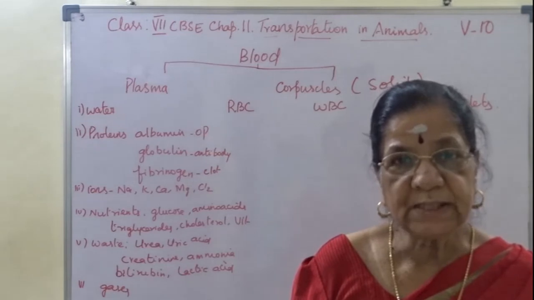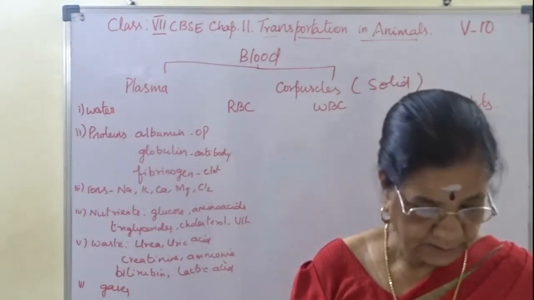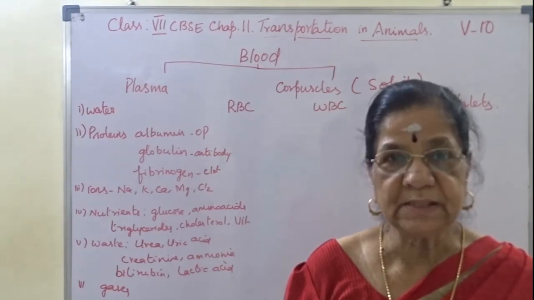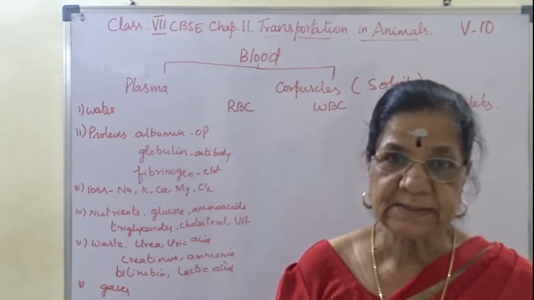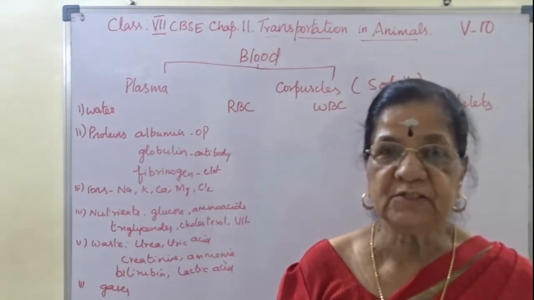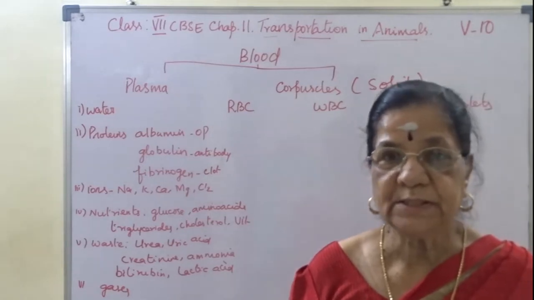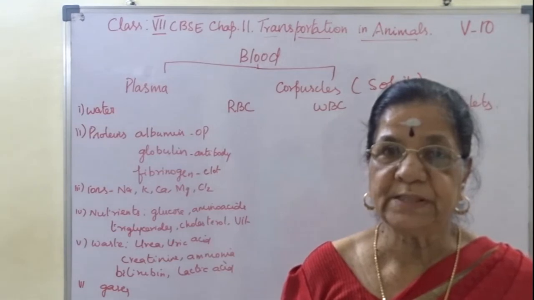Then bilirubin is the breakdown product of erythrocytes. And lactic acid is formed due to anaerobic respiration and accumulates in the muscle cells.